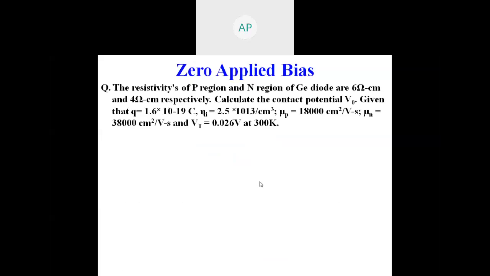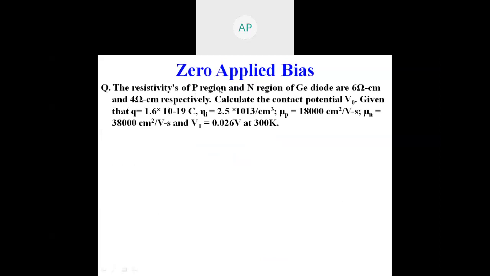Now we want to solve one numerical based on the previous expression. The resistivities of the P region and the N region of a germanium diode are 6 ohm centimeter and 4 ohm centimeter respectively.